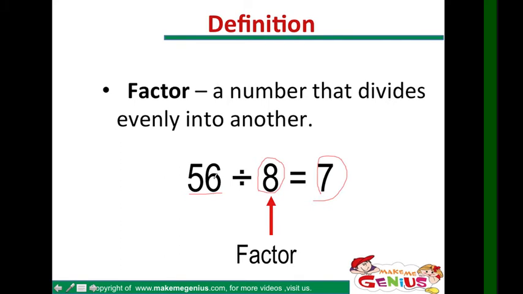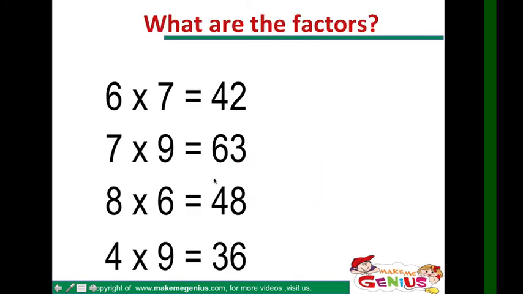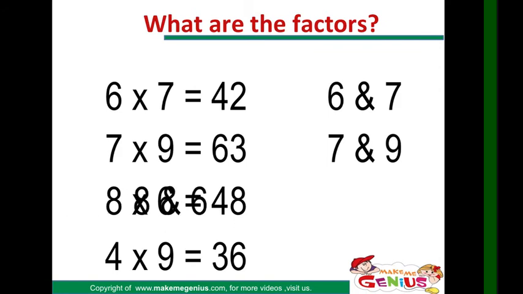For another example, what are the factors? We have 6 times 7 equals 42. So the factors of 42 are 6 and 7. Next, the factors of 63 are 7 and 9.